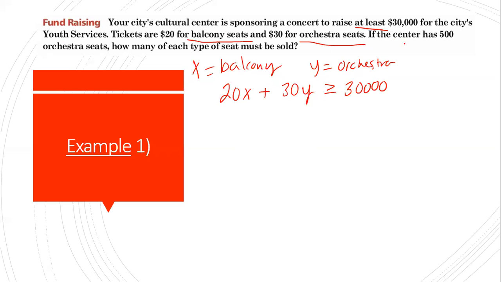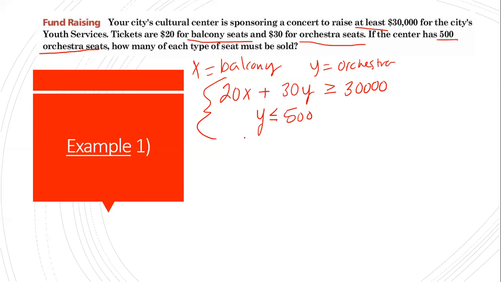It says if the center has 500 orchestra seats, how many of each type of seat must be sold? So I have a cap on my orchestra seats, right? So I know that Y has to be less than or equal to 500 because there's a cap. So this is my system.